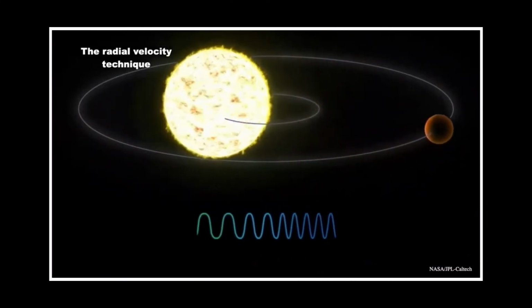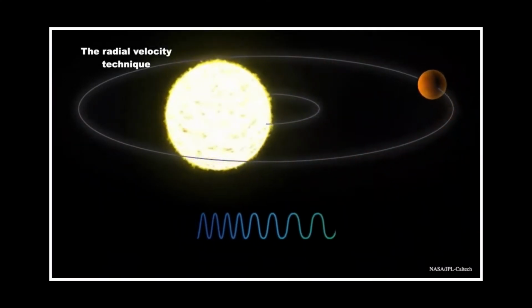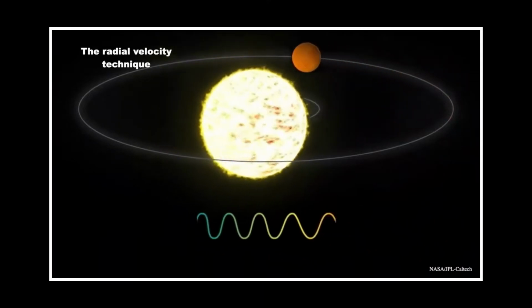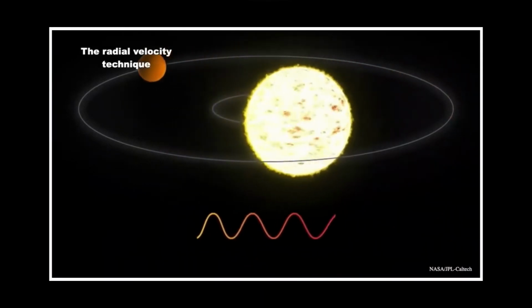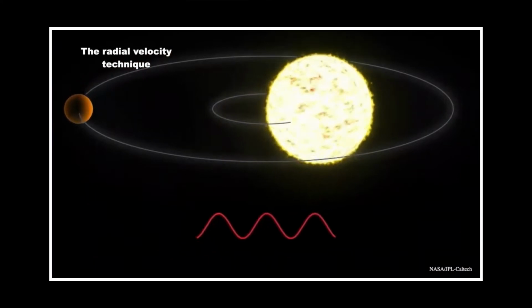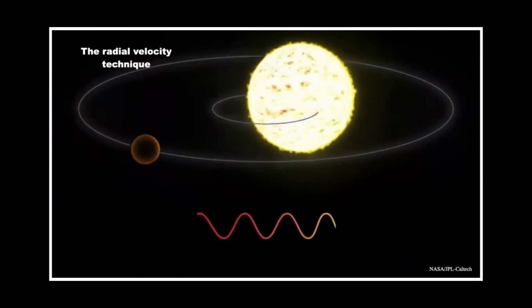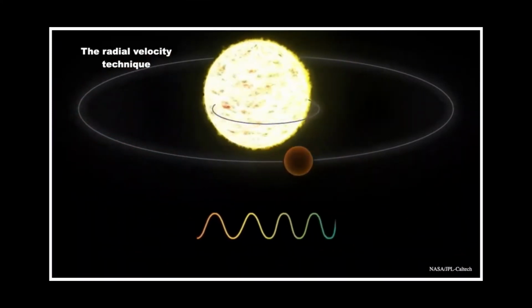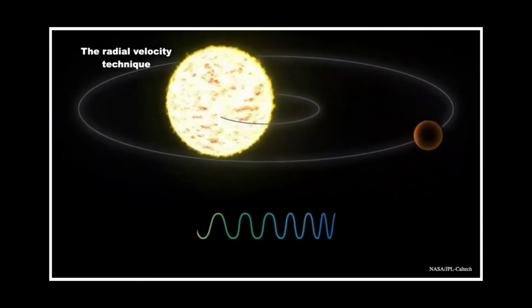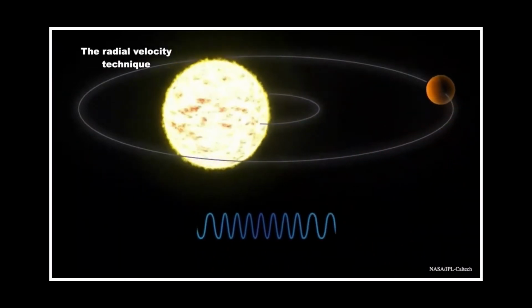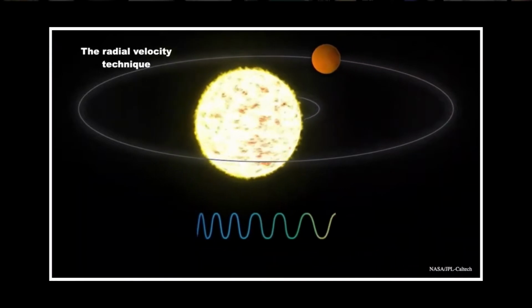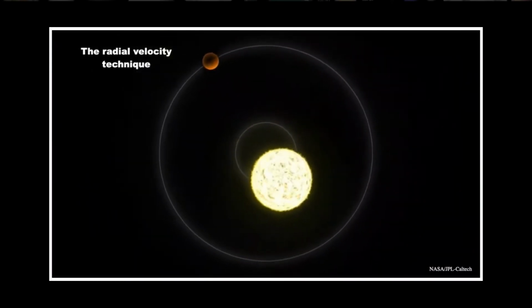The spectrum of a star moving toward us appears slightly shifted toward bluer, shorter wavelengths, while when the star is moving away, its spectrum is shifted toward redder and longer wavelengths. So that's the radial velocity method, and in the next movie we'll see how the transit technique works.